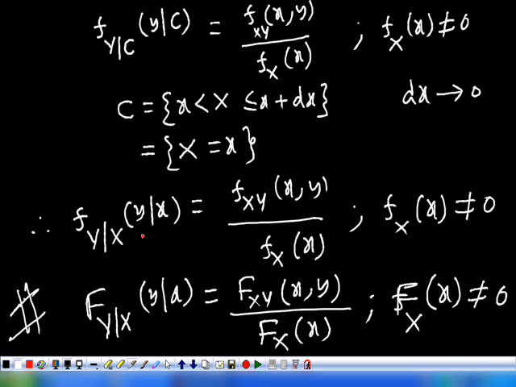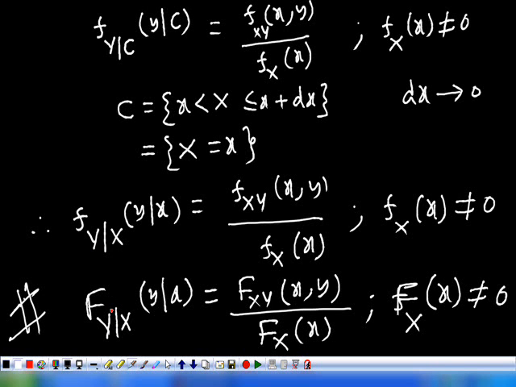We obtain the distribution and density functions of the random variable Y given that the random variable X is taking a single value. Why? Because X is lying between x and x plus dx, but we are assuming dx is very small, so that can be considered as X taking a single value. So this is the density and distribution function of the random variable Y given X is taking a single value.